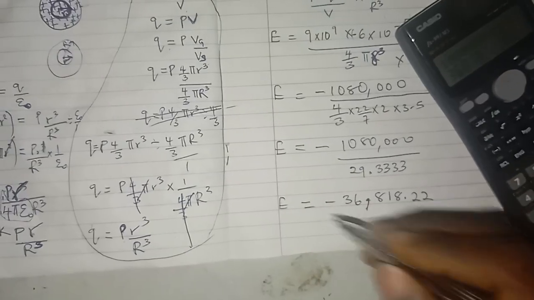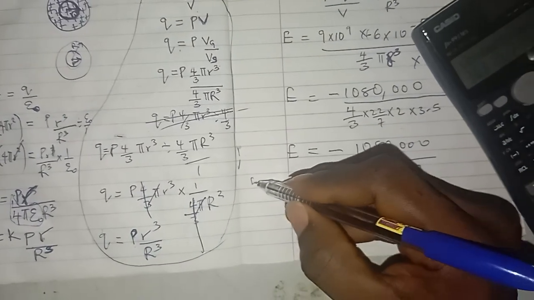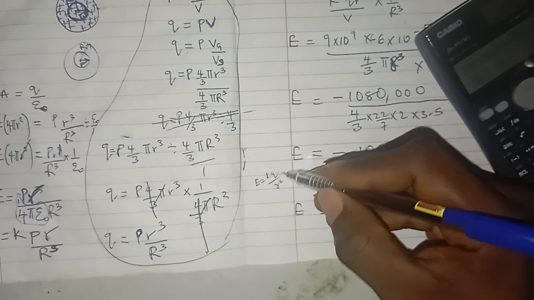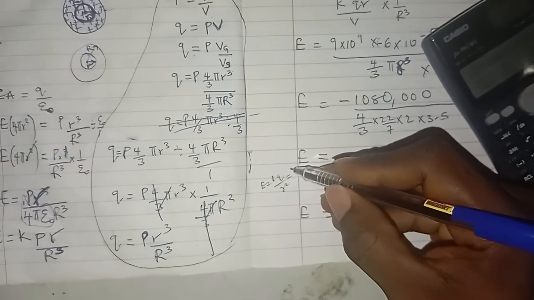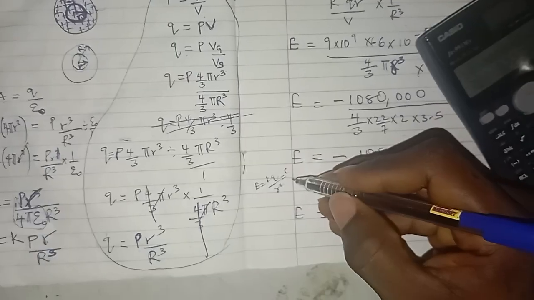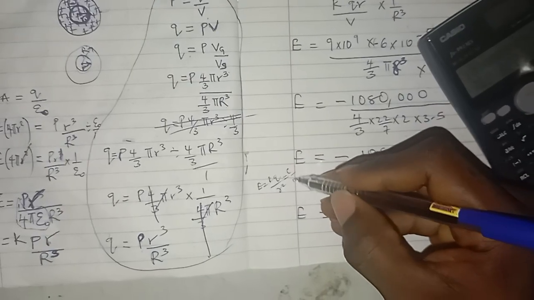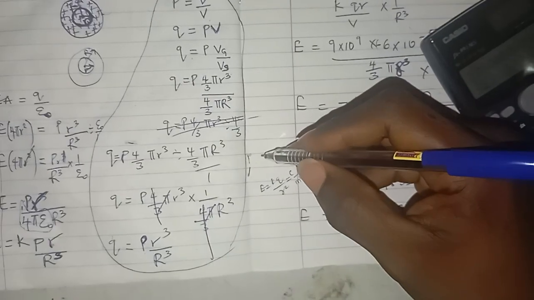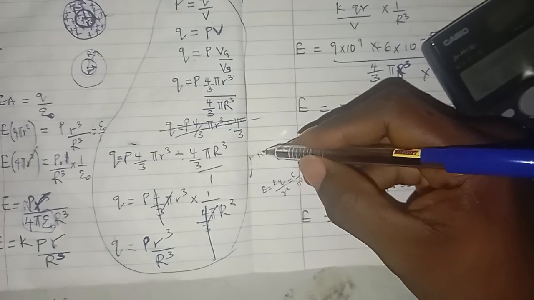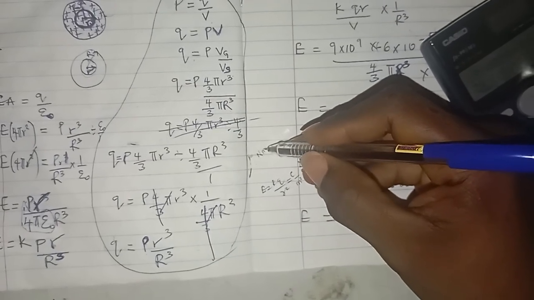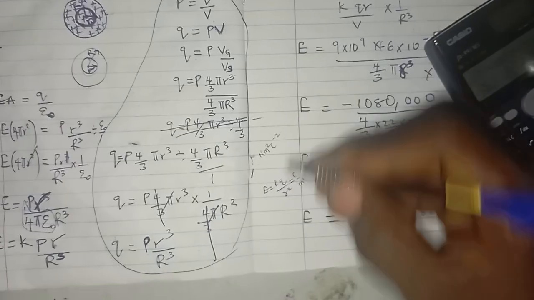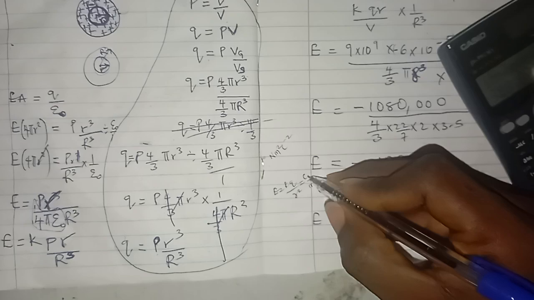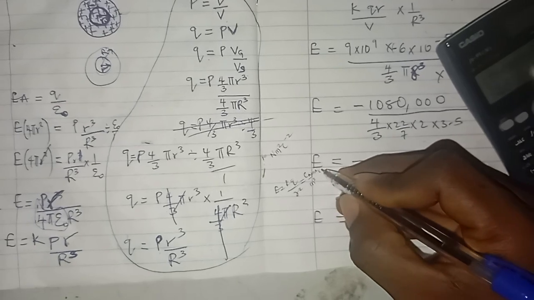And electric field intensity is given by E equals to kq over r square. So you have coulombs up here all over meter square. Then you remember that k on its own is equals to Newton meter square per coulomb square.